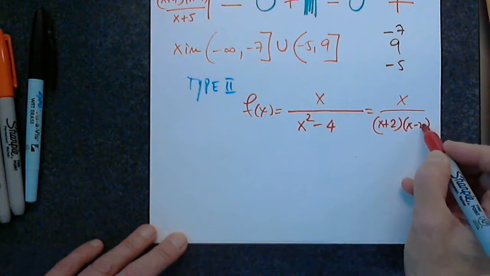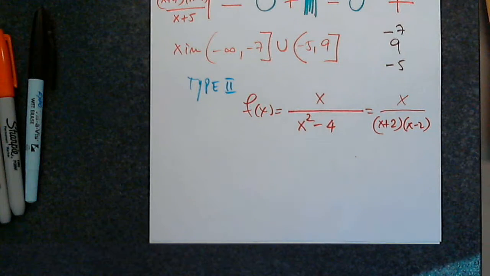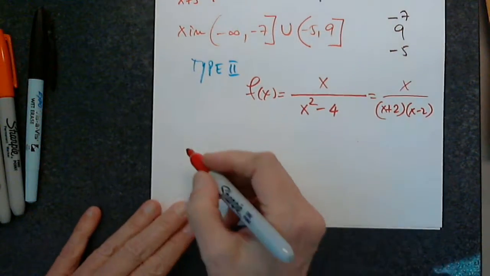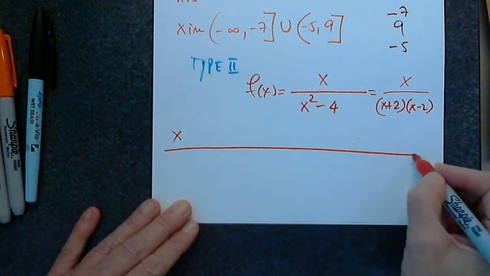Very good. Of course, this is so important because the domain depends on it, the asymptotes depend on it, everything moving forward. Okay, perfect. So, domain, please.